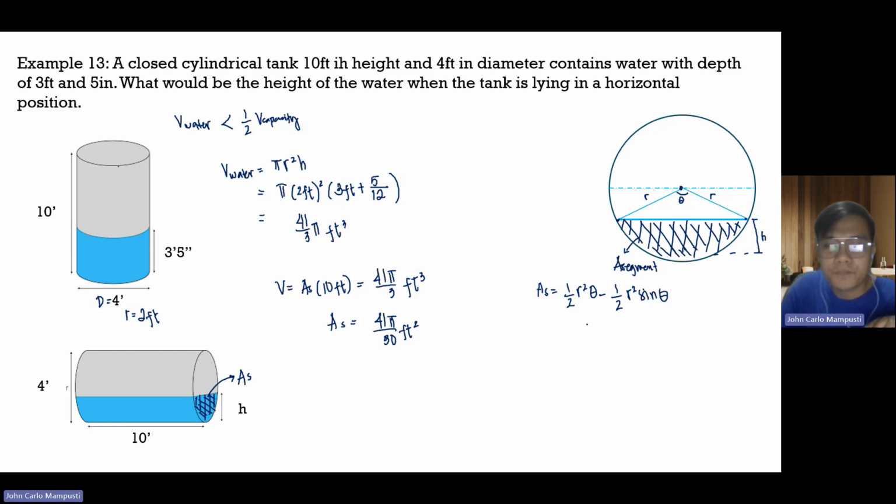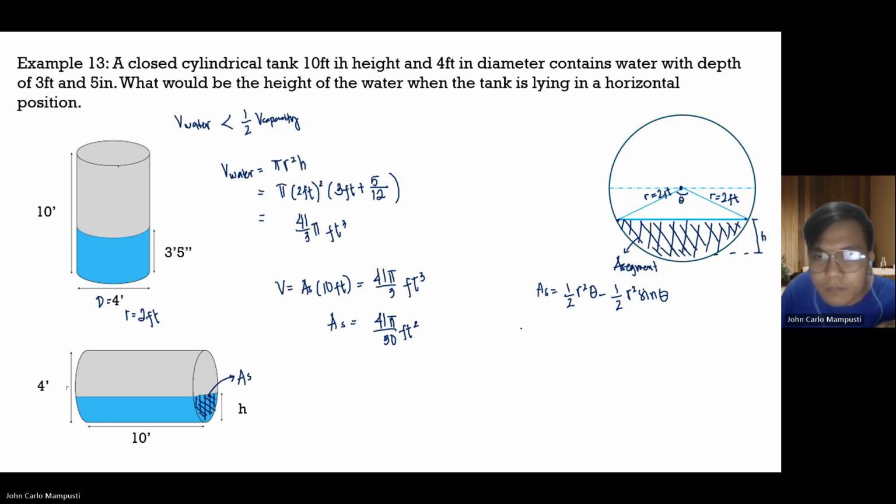So here, is our radius given? Okay, it's given. What was our radius earlier? 2 feet. So, this is 2 feet. So, this is not really what we need to find. We're going to find the theta. Okay?